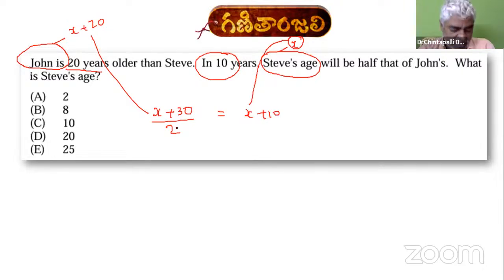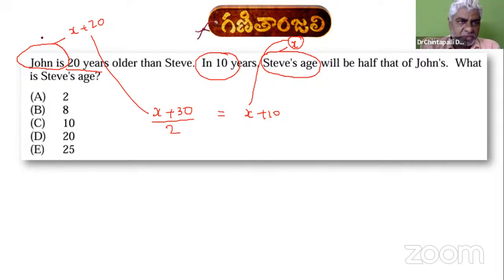So 2 times X plus 10 equals X plus 30, which gives 2x minus 20 and x equals 10. Is it Option C, sir? Yes, 10 is correct.